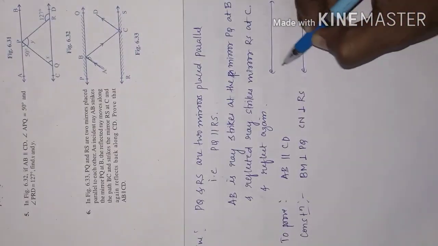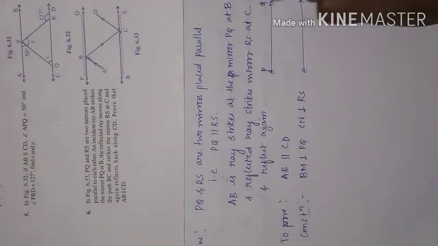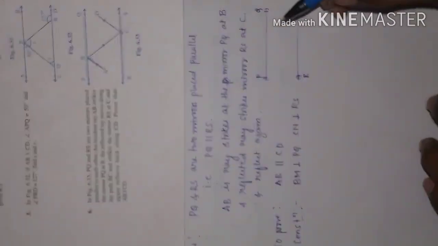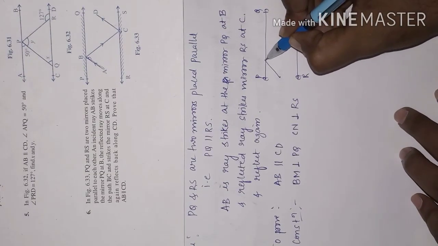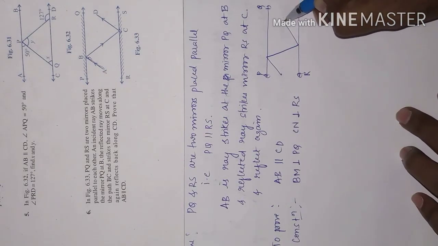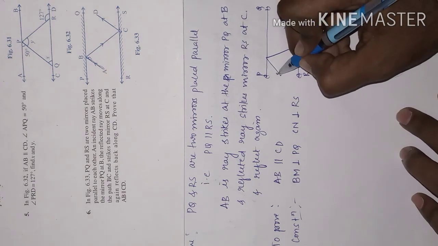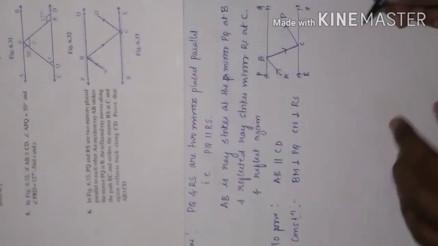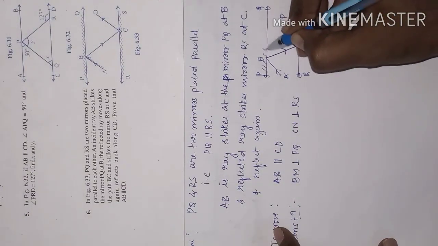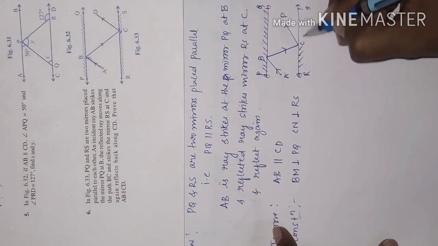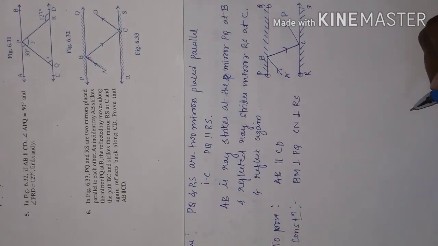This is P, Q, R, S, and here is the ray AB, the reflected ray is BC, and once again the reflected ray is CD. So this is D, this is A, B, C. This is the mirror PQ, and RS is also a mirror, and they are parallel to each other. We wrote that in the given part.